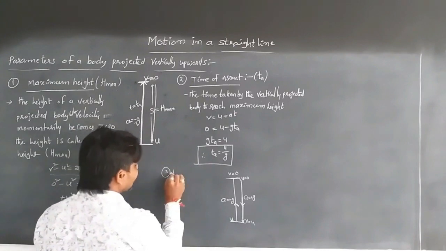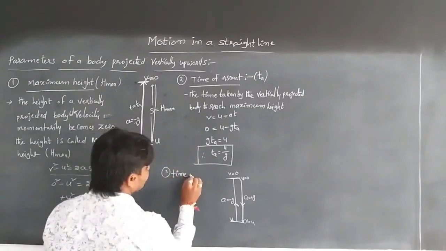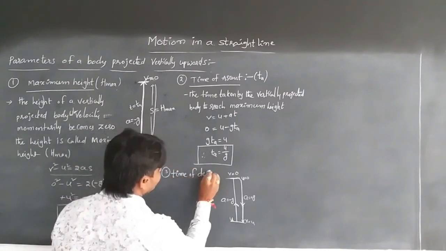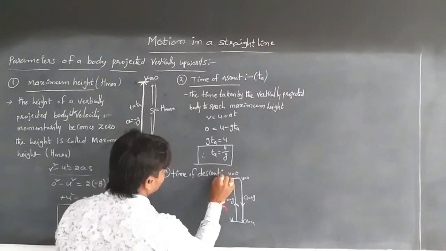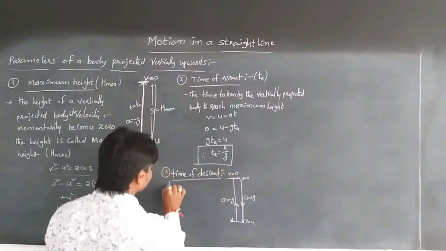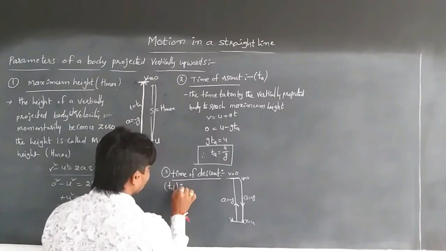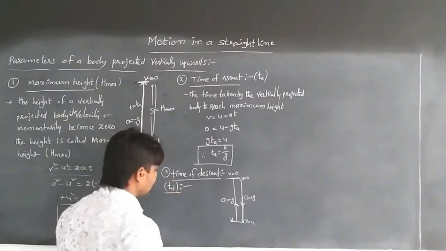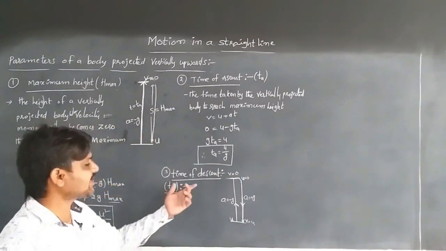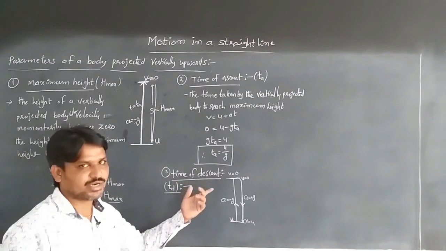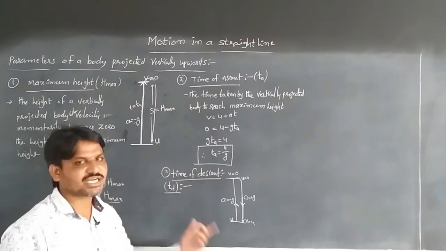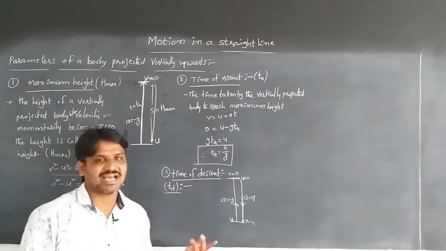The time taken by the body to reach the ground from the maximum height is the time of descent.